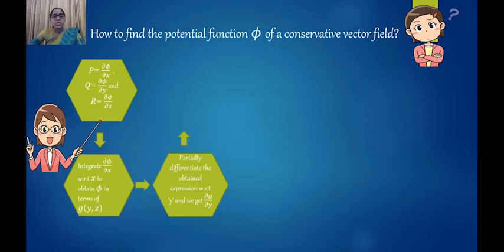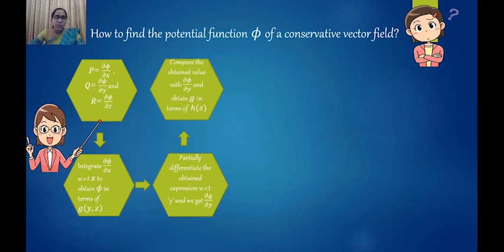The next thing we have to do is compare the obtained value with ∂φ/∂y, that is Q. So we get an expression in terms of ∂g/∂y, we compare it with Q, and from there we obtain the expression of g.